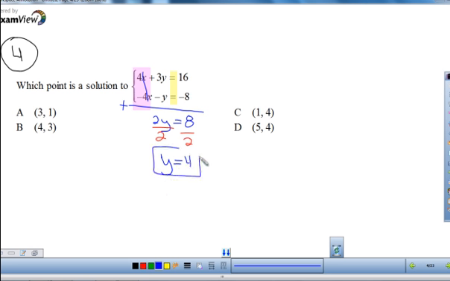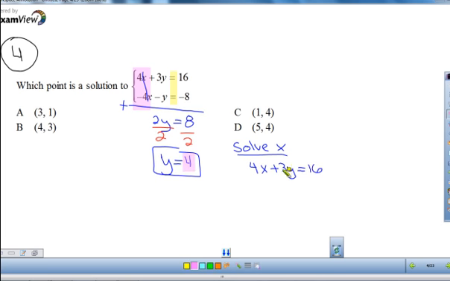Okay, I'm not done. Now I need to solve for x. I'm going to use any of the equations. It does not matter which one. And wherever I see a y, I'm going to substitute a 4. So we're going to have 4x plus 3 times 4 equals 16.